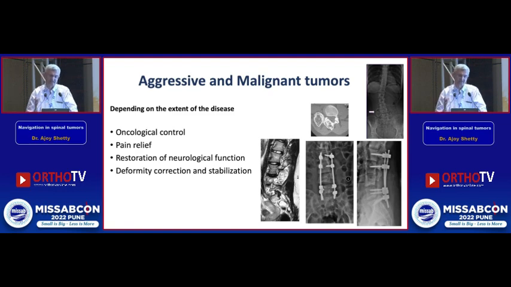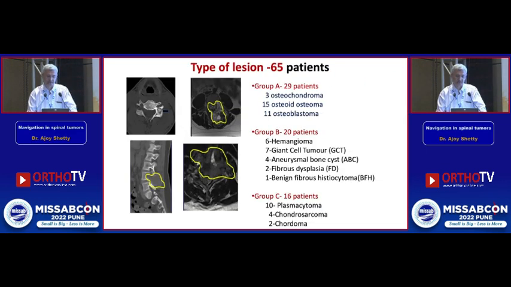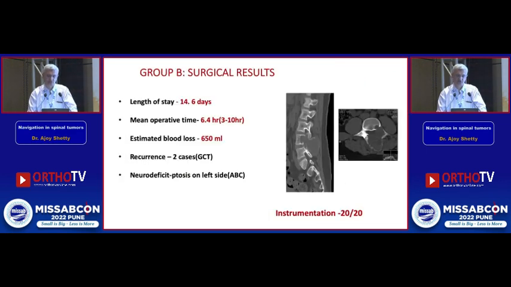When you look at aggressive and malignant tumors, the management depends upon the extent of the disease, oncological control, pain relief, restoration of neurological function, deformity correction, and stabilization. Therefore, in aggressive and malignant tumors, you can use navigation to pass a pedicular screw, which may not be necessary in all the scenarios. However, it helps us to plan the resection to a large extent.